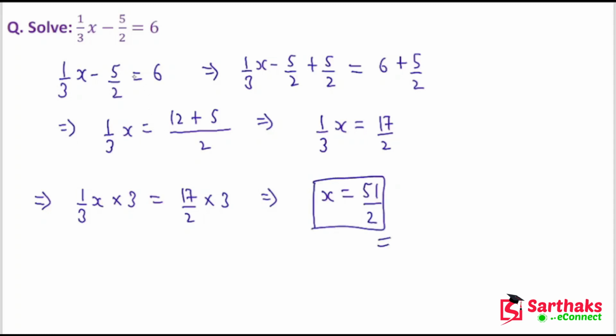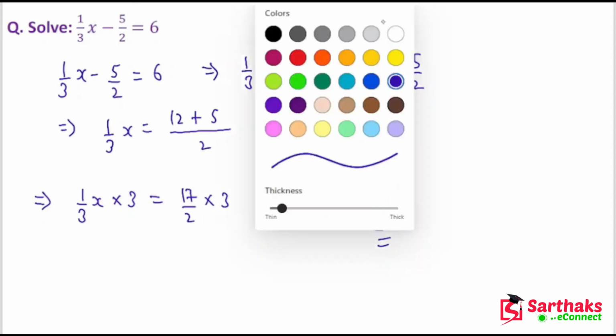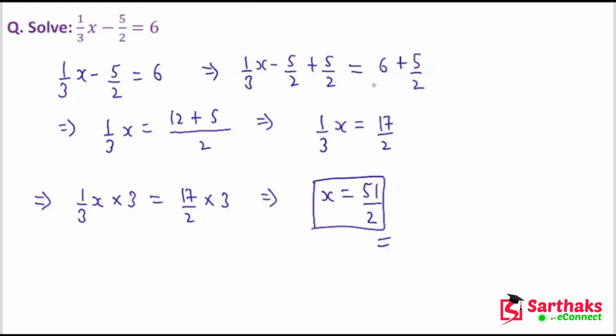Now again you can verify the same by putting x is equals to 51 by 2 in the equation and checking the LHS. This LHS would turn out to be 6 and your solution would be correct. So this is how you can check the numbers. Also about writing the steps, you have two ways: either you can write the steps above and then apply them, or if you have already applied them, you can write like this: adding 5 by 2 on both sides.